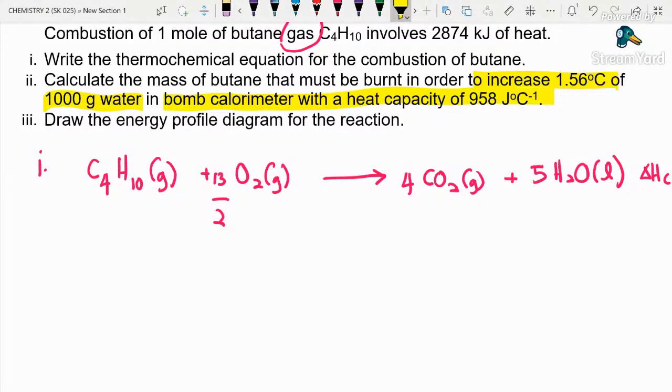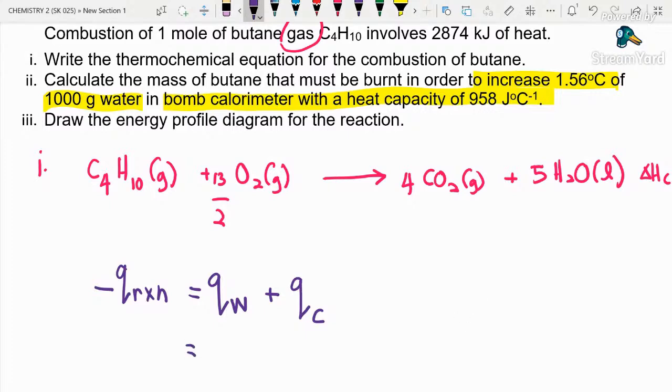So we can write Q reaction, from burning butane, is equal to heat absorbed by water plus heat absorbed by calorimeter. In this case, we cannot ignore the calorimeter.